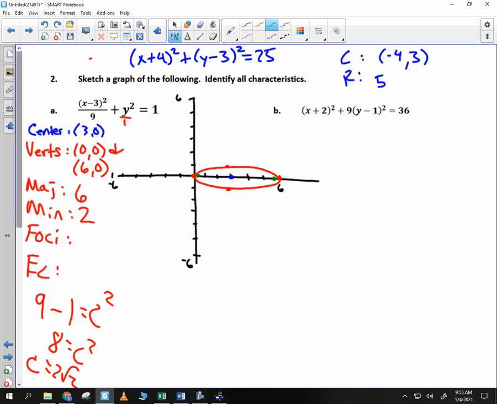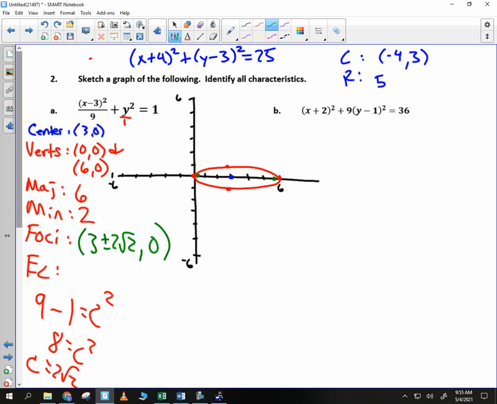As I moved 2.8 units in each direction, did I move horizontally or vertically? Horizontally. So is that going to change the x value or the y value of the center? X value. So the x value was 3, so it's going to be 3 plus or minus 2 roots of 2, and then 0. Somebody make a prediction about the eccentricity. Closer to 1, right?